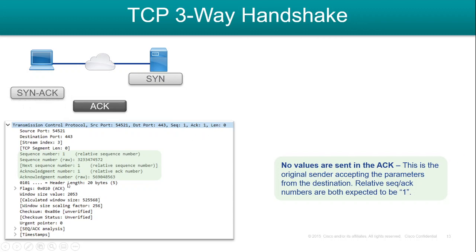But the way we could tell that this is for the three-way handshake is because my sequence and my ACK numbers are both set to 1. This indicates that both the initiator and the receiver agree on the different numbers that they will be using. In this case, we have the raw sequence number for data in one direction, and we have the acknowledgement number, which is the sequence number of the other side going in reverse.